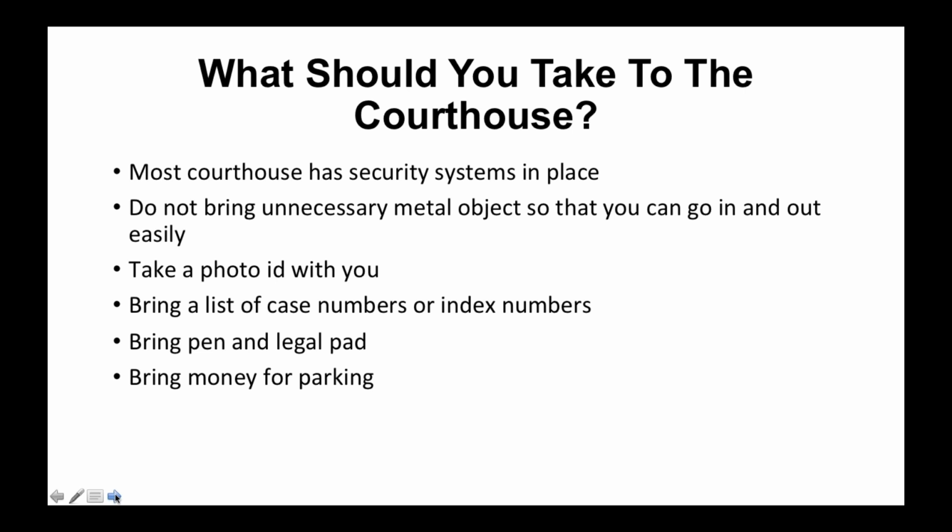So if we were going to go find Sharon Sue Schmidt's information, we would take the case number for Rose, a pen and a legal pad, and some money for parking, because you have to pay to park at most of these places. We would go to the courthouse.